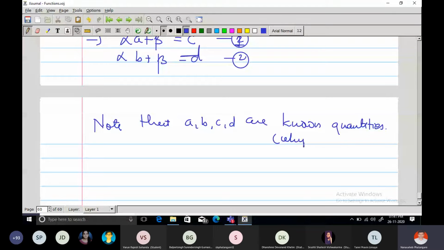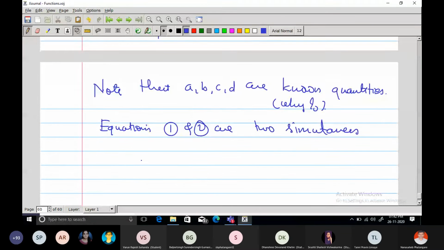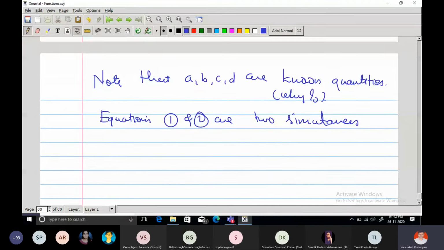So equations 1 and 2 are two simultaneous linear equations, and alpha and beta are unknown, right?